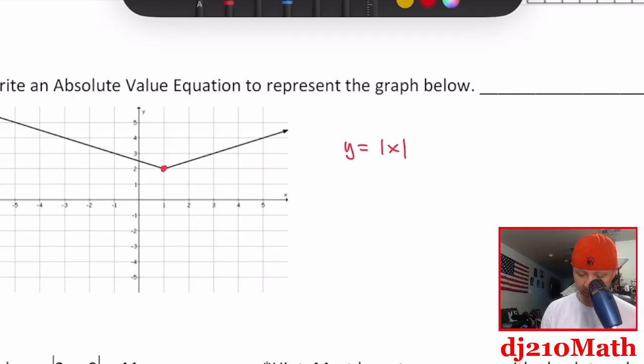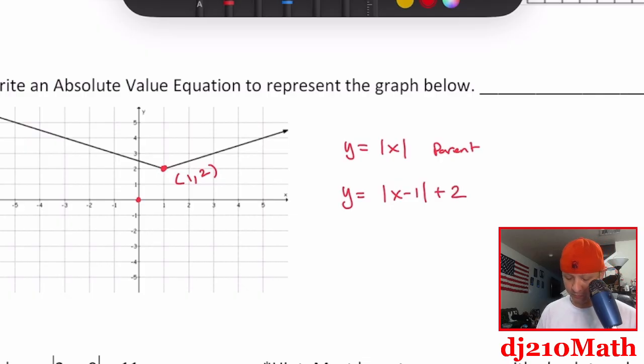Okay, the vertex is at 1, 2. So the parent function starts at 0, 0. And it moved. How did it move? It moved to the right 1 and up 2. So this is the parent. Then we did to the right. So x minus 1 and up 2. Okay.